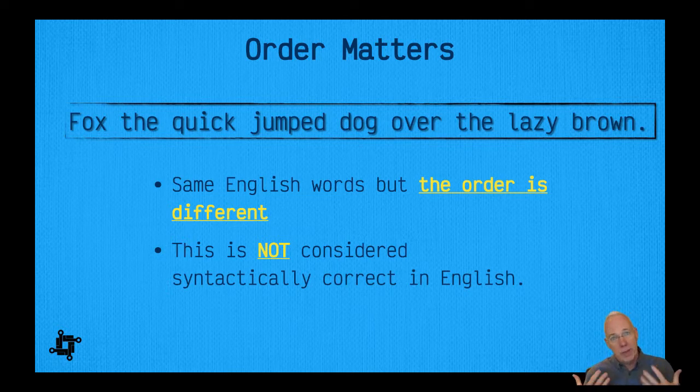So because it's grammatically incorrect, it's not considered good English or correct English. And in the same way, when we get into Swift and the language, if you were to mix up an order, it's not going to mean the same thing, and it may be completely invalid. So in this case, order does matter, and we cannot figure out what this sentence says at all.